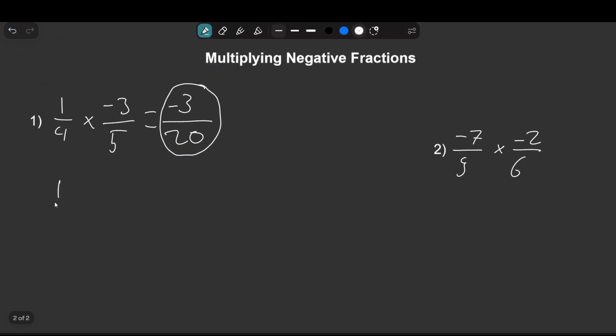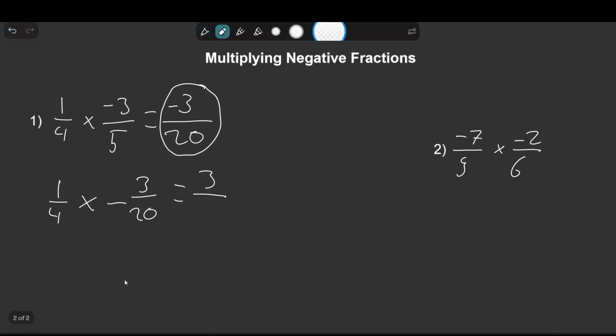Now I'm going to show you how it may occur differently with the minus symbol. You can get the problem also like this: 1/4 times minus 3/5, where the minus is in a different space. Again, we multiply straight across. 1 times 3 equals 3. 4 times 5.